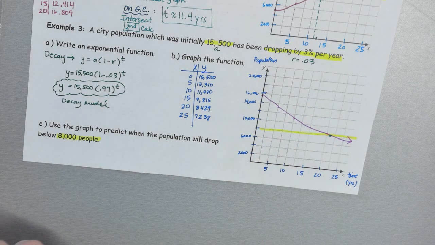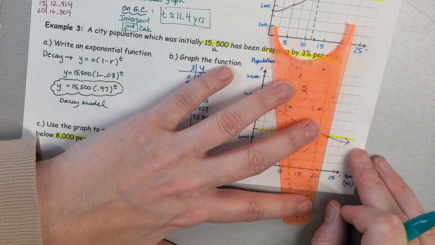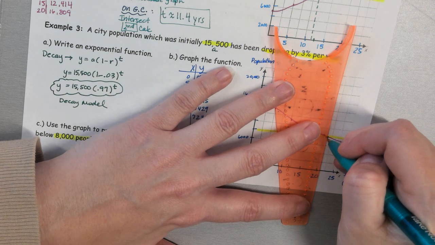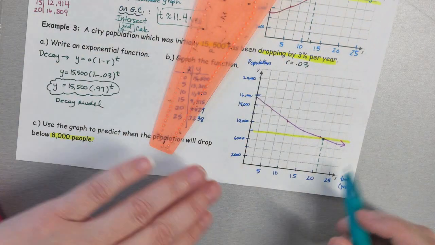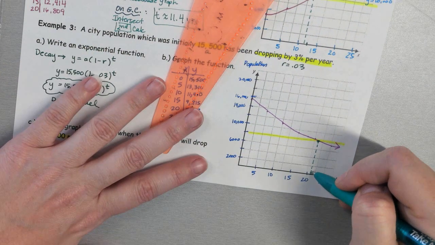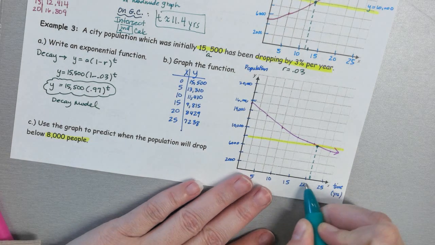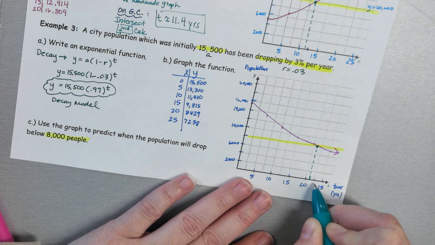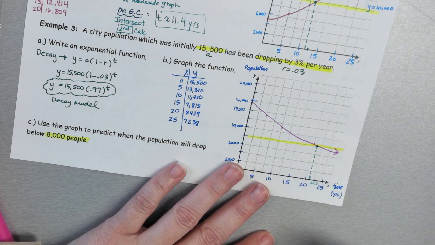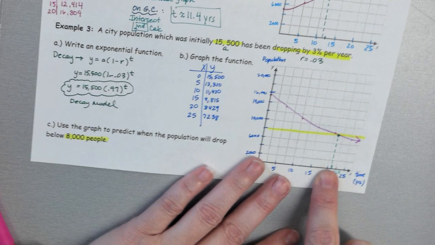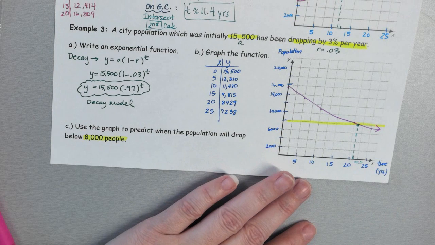And then you guys do have straight edges, so if you want to use that straight edge to go straight down there. Remember that every dash mark is 2.5 years. So this kind of looks like it's about 21.5, somewhere between 21 and 22 years.